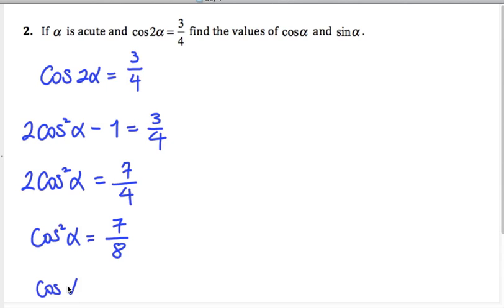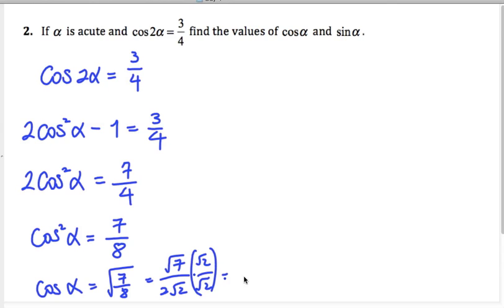So cosine of alpha is square root of all of that. And you can simplify or rationalize the denominator, and what you get is, let's see, square root of 7 over 2 root 2, multiply top and bottom by root 2, right, because that's 1, and you get square root of 14 over 4. Alright, now let's find sine alpha.